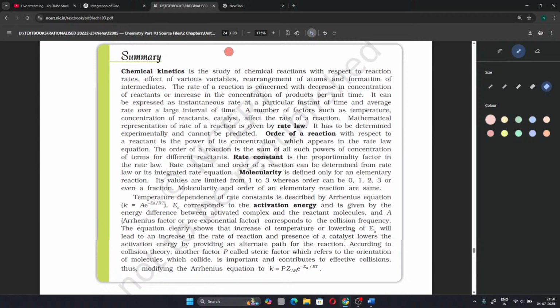According to collision theory, another factor P, called steric factor, which refers to orientation of molecules which collide, is important and contributes to effective collisions, thus modifying the Arrhenius equation to K equals P ZAB e power minus EA by RT.